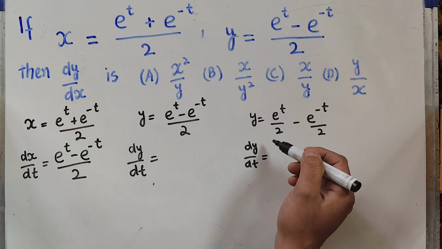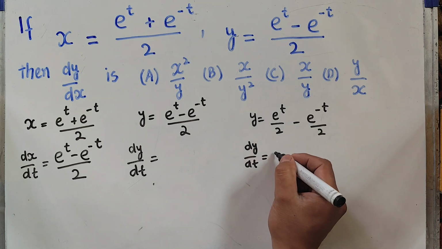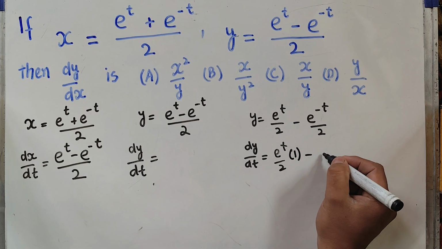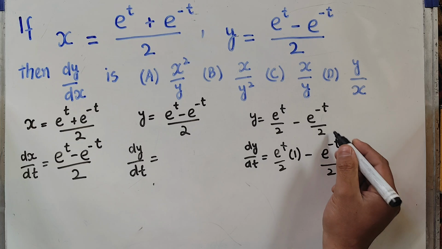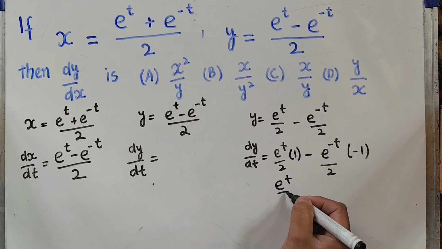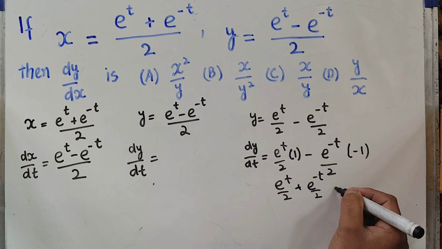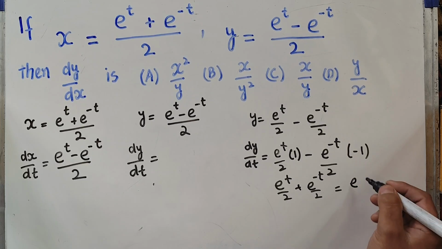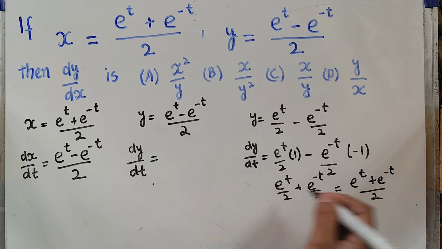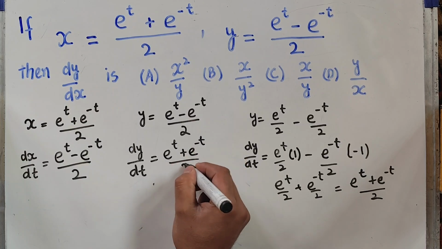Since the derivative of the exponential function is the exponential function itself times the derivative of the exponent, we will get e^t/2 times the derivative of the exponent, which is 1, minus, symmetrically, e^(-t)/2 times the derivative of the exponent, which is -1. When we solve this, minus into minus is plus, so we get e^t/2 plus e^(-t)/2. The denominator is the same, so we can add the numerators. So dy/dt is (e^t + e^(-t))/2.